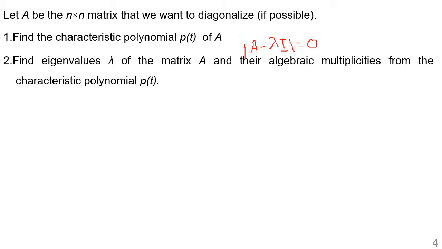Solving this characteristic polynomial, we are going to get the eigenvalues. And we need to find the eigenvalues as well as their algebraic multiplicity. To understand the meaning of algebraic multiplicity and geometric multiplicity, let us take a problem.